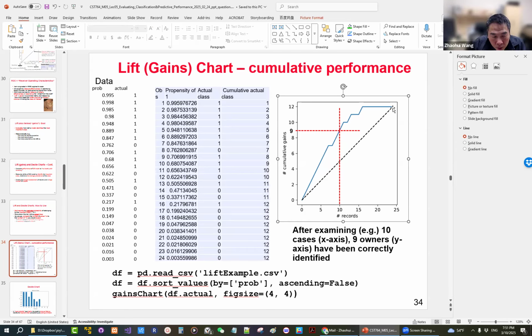I don't know why it draws this. Okay, the total number of the ATU class 1 will be 12. Yeah, if they are normal distribution, it will be like this dash black color line.